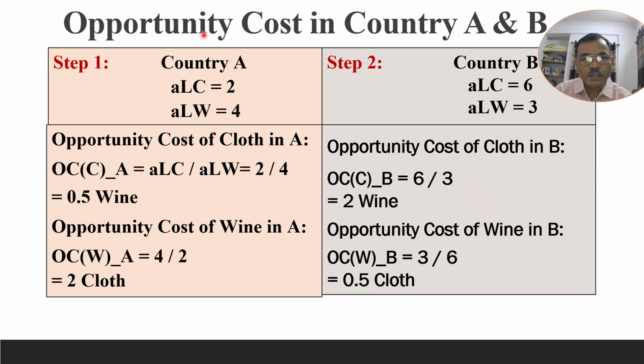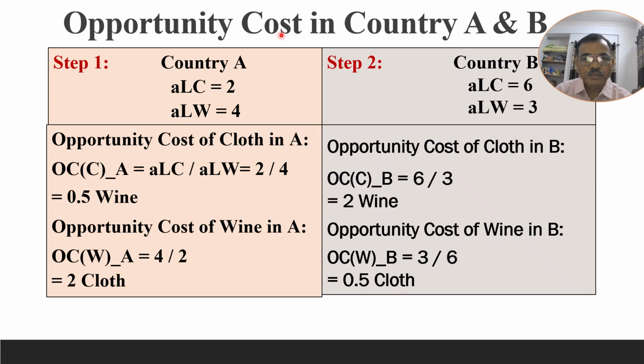Step 1. Opportunity cost in country A. Opportunity cost of cloth in country A, that means OCCA, equal to ALC by ALW, that is 2 by 4, equal to 0.5 units of wine.